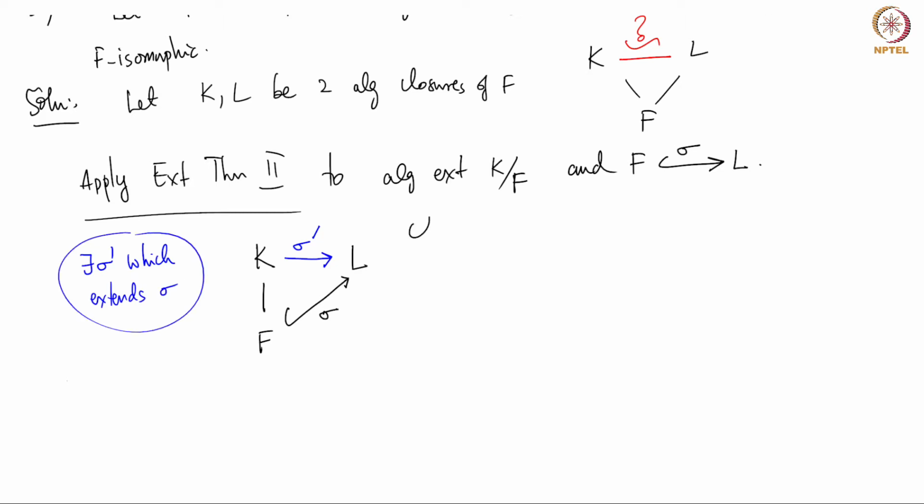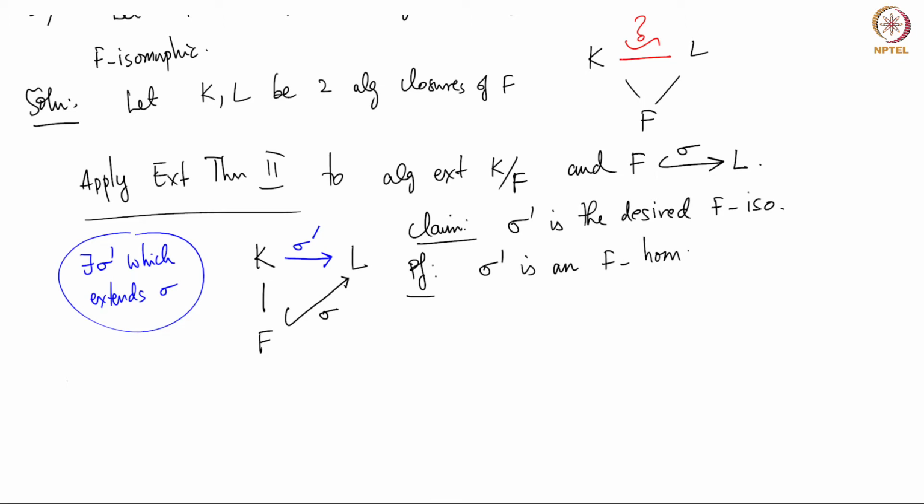Now I claim sigma prime is the desired F-isomorphism. The proof is clear. First of all, sigma prime is an F-homomorphism, right? Because it extends sigma, and sigma is an inclusion of F in L. So any element of F goes to itself.